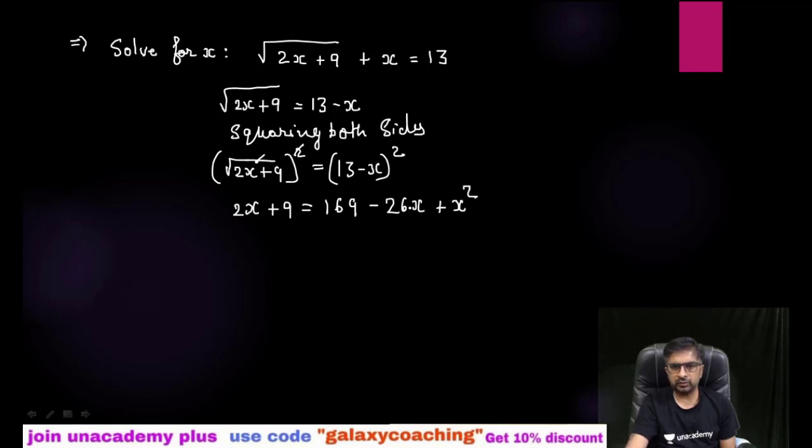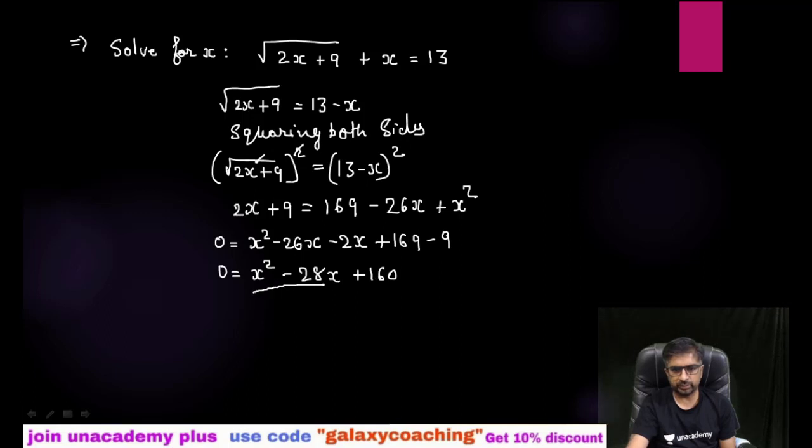So now I think you need to take everything on that side. So 0 equals to x square minus 26x, and this will also become minus 2x, plus 169 was already there. Take this plus 9 on that side, that will become minus 9. So 0 equals to x square minus 28x plus 160.